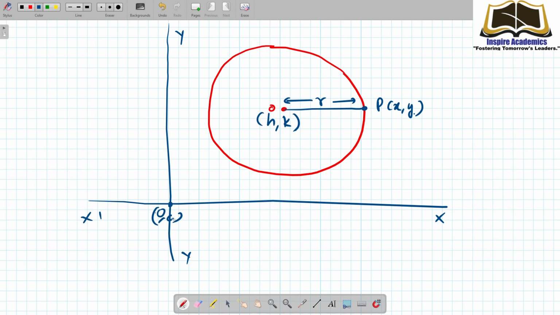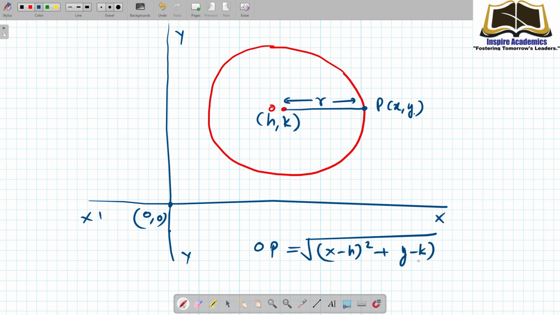So OP is the distance, so we can use distance formula between the 2 points, which is x minus h whole square plus y minus k whole square, which should be equal to r.